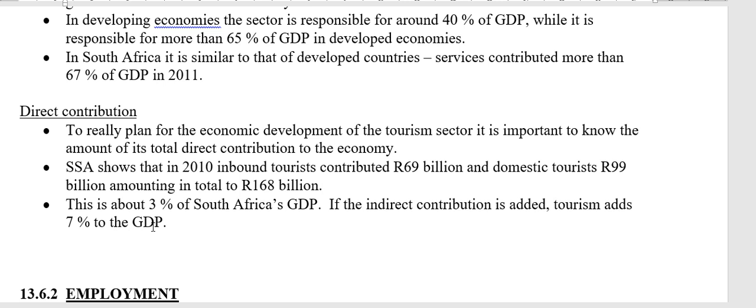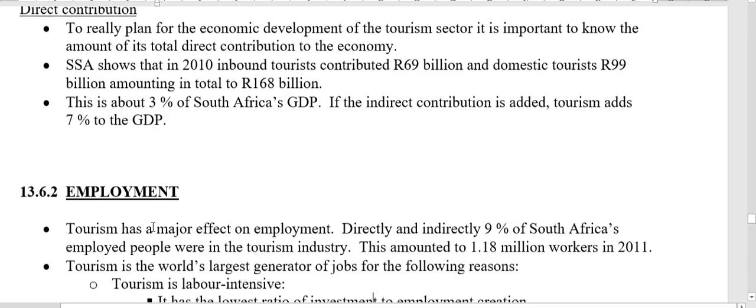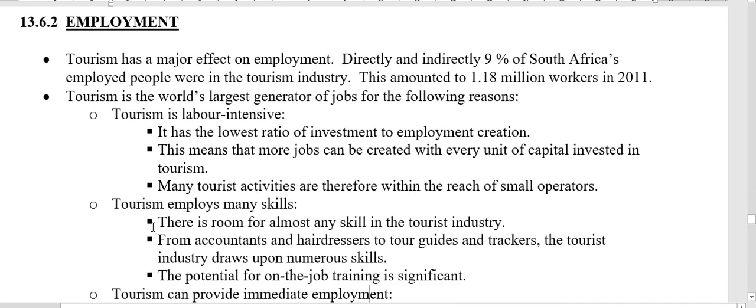And tourism, just one industry, contributes 7% of the GDP. That is quite a significant contribution. And as I said, it is growing. Not at the moment because of COVID, but generally, the trend is for the contribution of tourism to increase over time. Okay, so that is the contribution that tourism makes to the GDP.